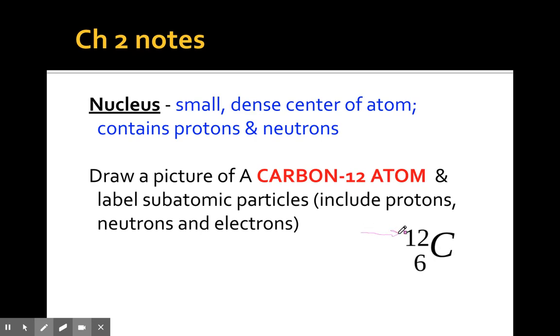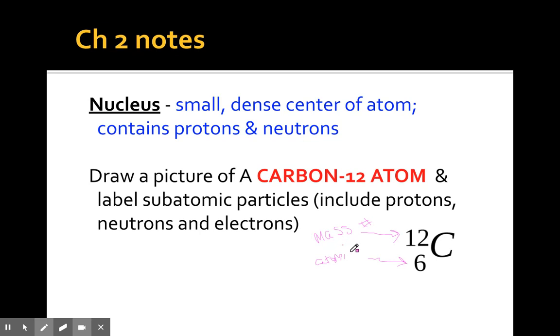We'll get more practice with this later, but this top number is your mass number. This bottom number is the atomic number. And the atomic number also represents the number of protons in the nucleus.